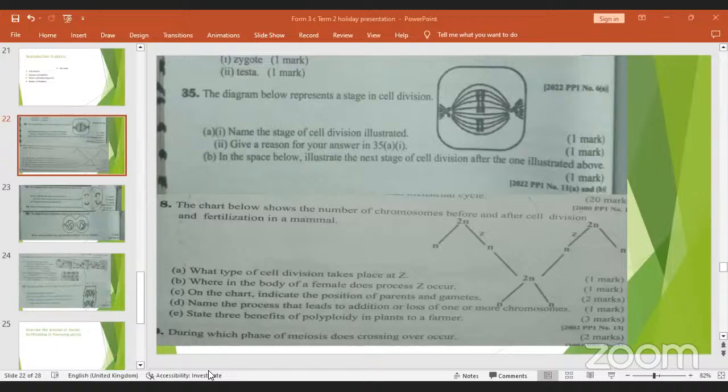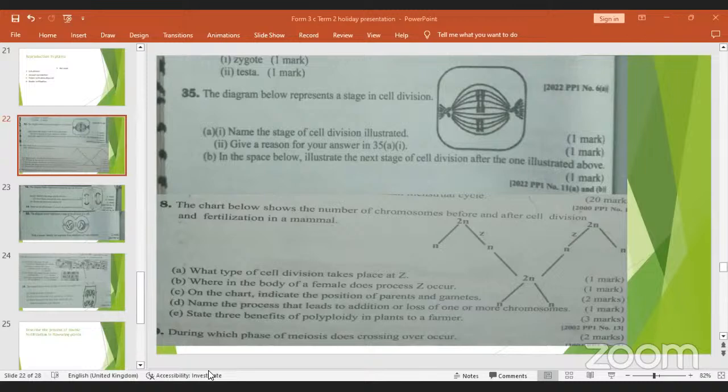If it was mitosis, Kevin, you will see them like this, aligned at the equator, not in pairs, singly, chromosomes aligned at the equator. But when you move down to meiosis 1, you don't talk about chromosomes.